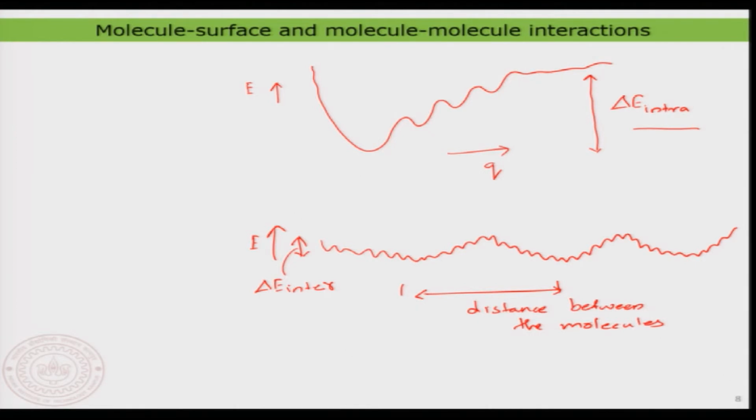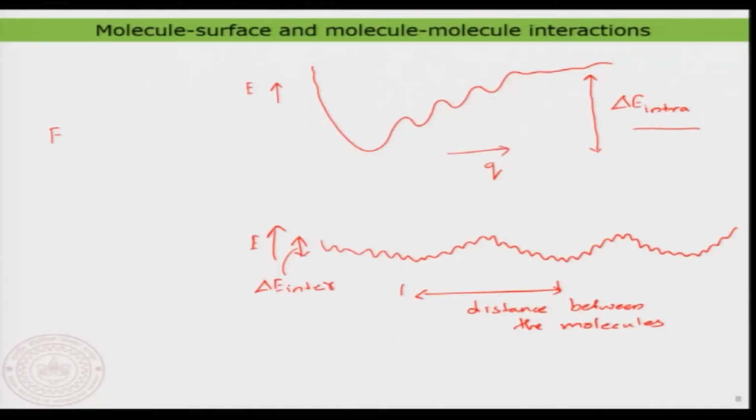Now you see how complex the potential energy surface is. It contains the molecule distance, the relative orientation of the molecule with respect to other molecules, the relative orientation of the molecular axis with respect to the surface lattice, and so on. So there are many more parameters and coordinates that one needs to consider to finally understand the adsorption energy, or the interaction energy, of the molecule on the surface.